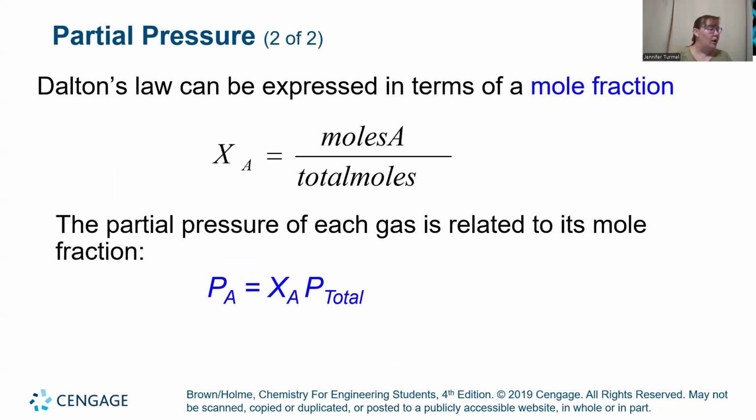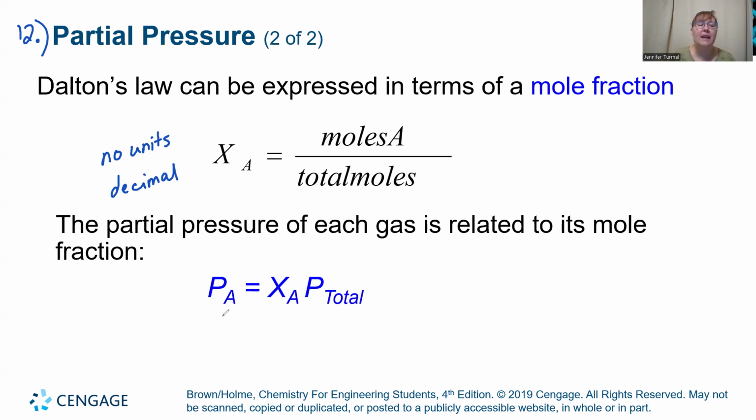Okay, so now we look at what we'll use before we can get there. So first of all, Dalton's law can be expressed also in terms of a mole fraction. A mole fraction has no units, and it's always going to be a decimal. Okay, and it's the moles of gas A over the total moles.